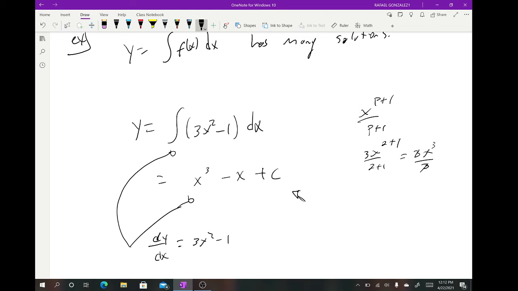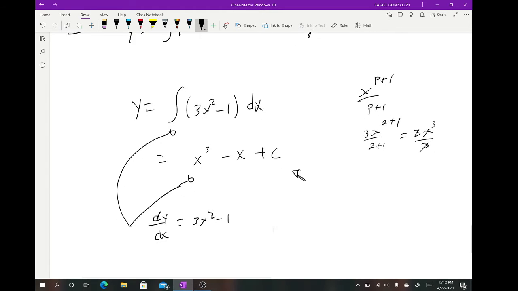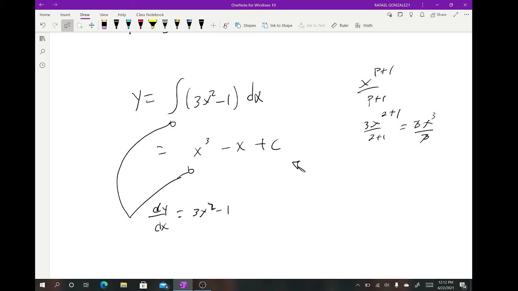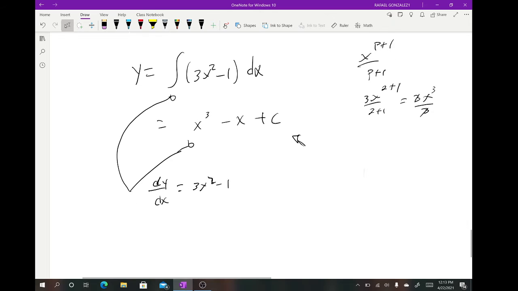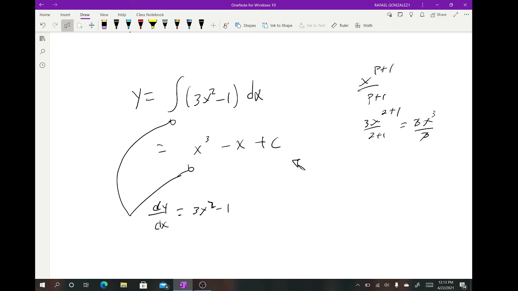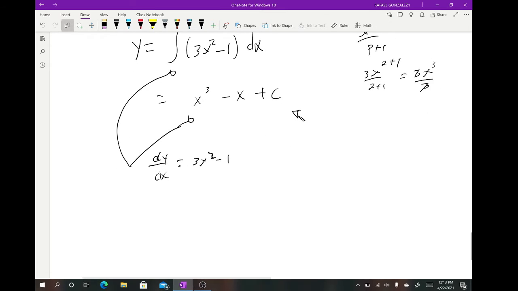And from the first part of this lecture, we spoke about how the antiderivative is not necessarily unique. Now, if we wanted to find some particular solution, then we need a value for capital F of x. So because we have a function, we know what the function is. Let's call this capital F of x is equal to x cubed minus x plus c.